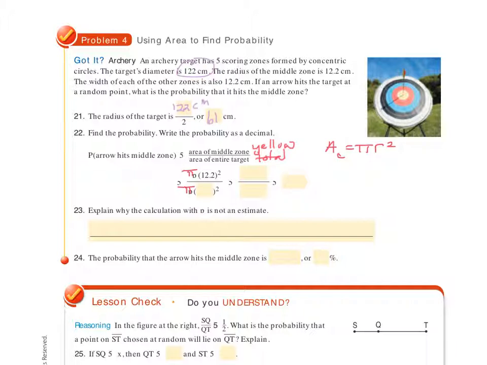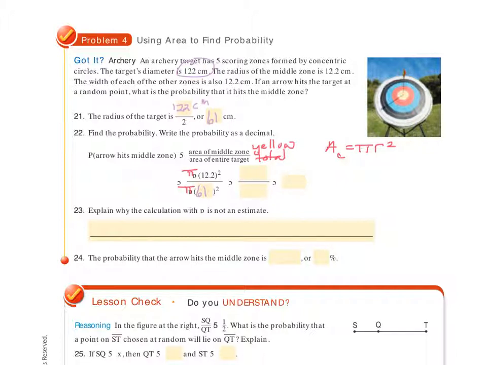So pi times the radius of that yellow, which is 12.2. What's the radius of the whole entire region? The 61. So we're going to put 61 in here and see what we get. And don't multiply pi in there.